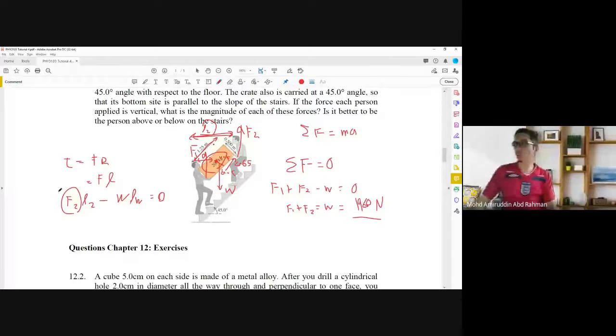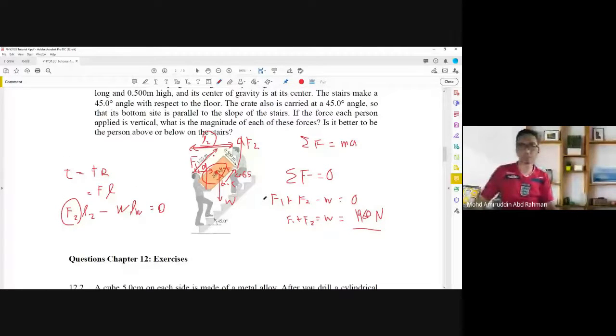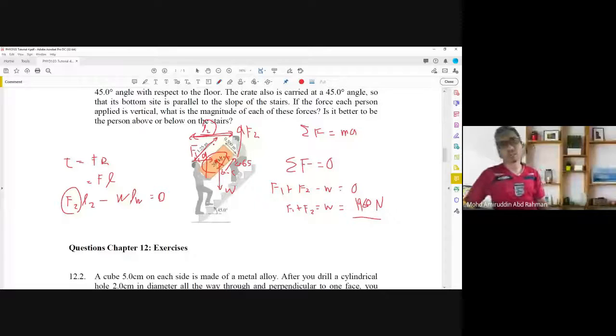Once you obtain that, you can know what your F1 is. You take back the equation of this. You already know what your F2 is and what your W is, so you can know your F1. So your F1 will be 1370 Newton.